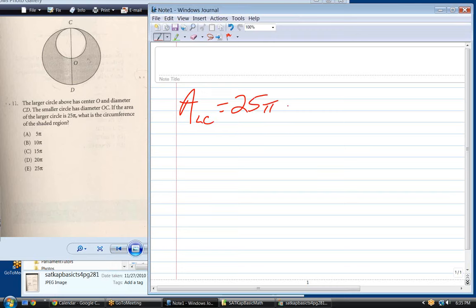I'm so bad at circles. The area of a circle is pi r squared, right? Yeah. And what's the circumference of a circle? 25. No. There's only two formulas you need for a circle: pi r squared, and what's the circumference, the other formula? 2 pi r.